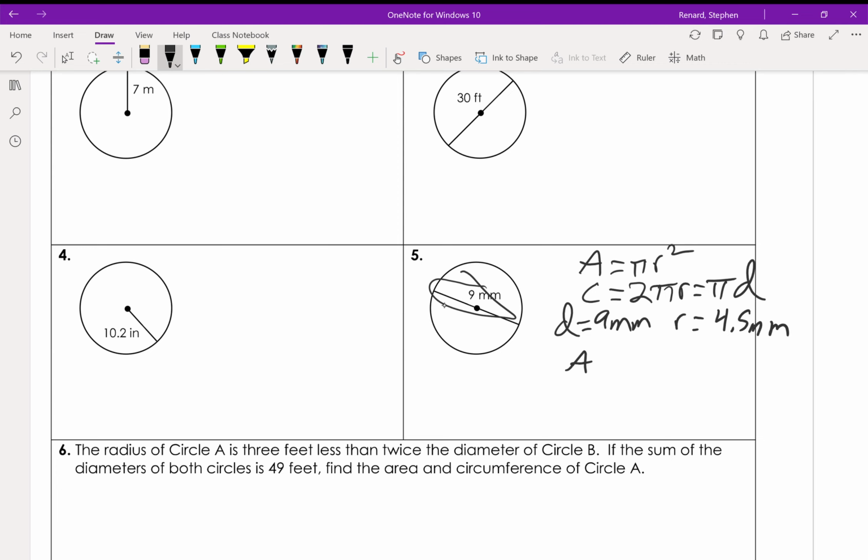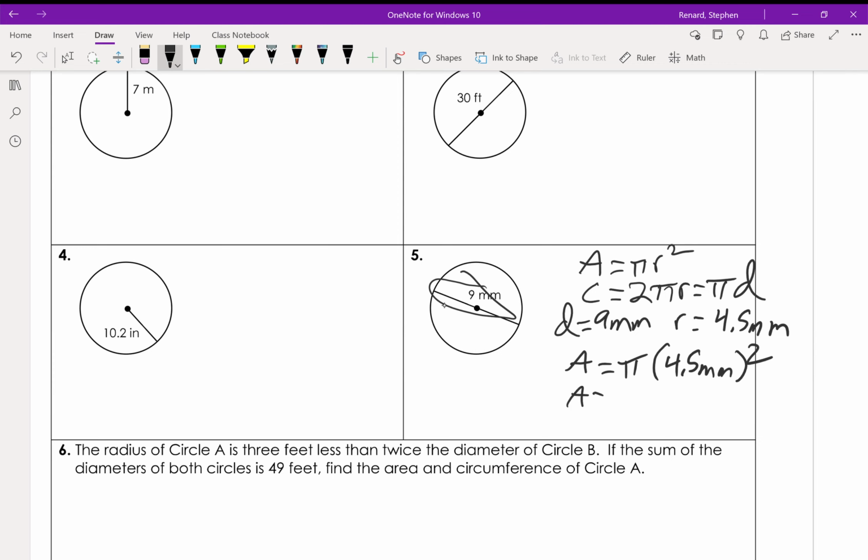So my area is going to be pi times 4.5 millimeters squared. Let me grab my handy-dandy calculator. I'm going to go 4.5 squared, and we get 20.25.